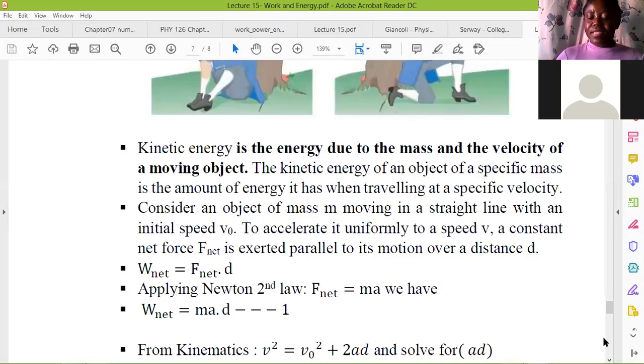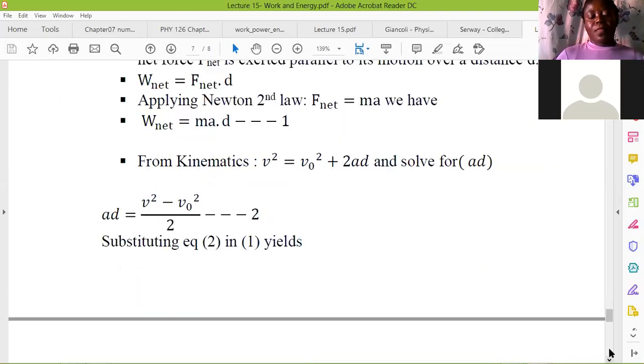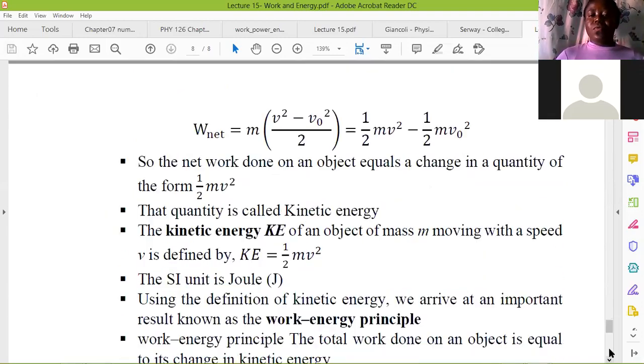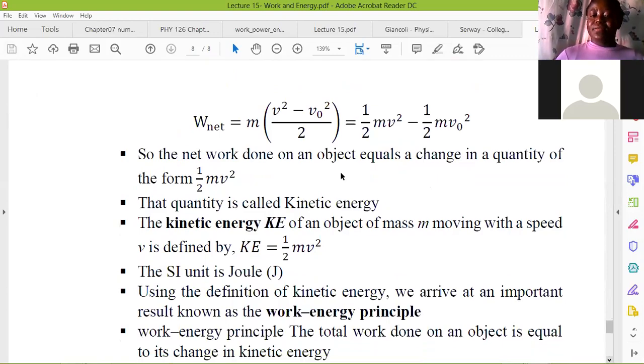What do I have? I am getting something that my work done is equal to a certain quantity. If the object is moving, then the net work done on that object is equal to the change in the quantity in the form of that value there.